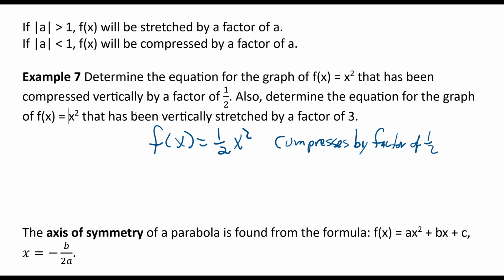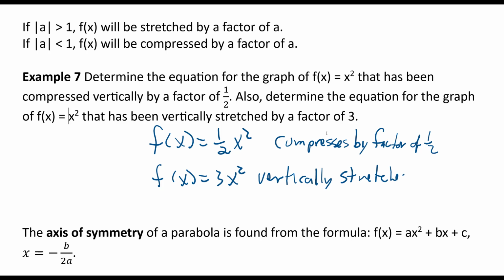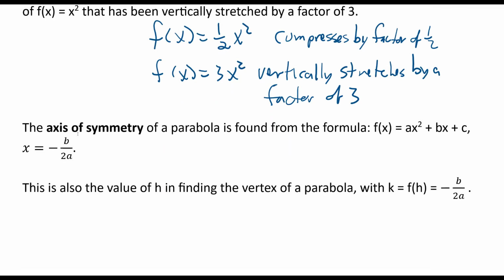Also determine the equation for the graph of f of x equals x squared that has been vertically stretched by a factor of 3. So that'd be f of x equals 3 times x squared, vertically stretched by a factor of 3.